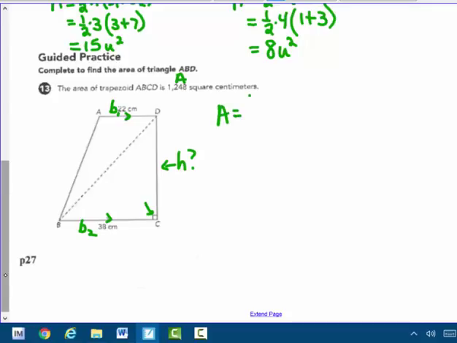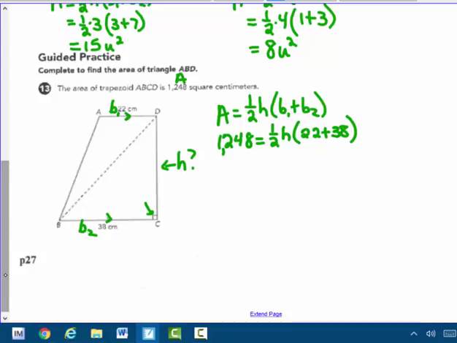So area equals 1/2 the height times the sum of the bases. This time I don't have the height, but I do have the area. So 1,248 equals half of, I don't know, plus 22 plus 38. What is that, 60?